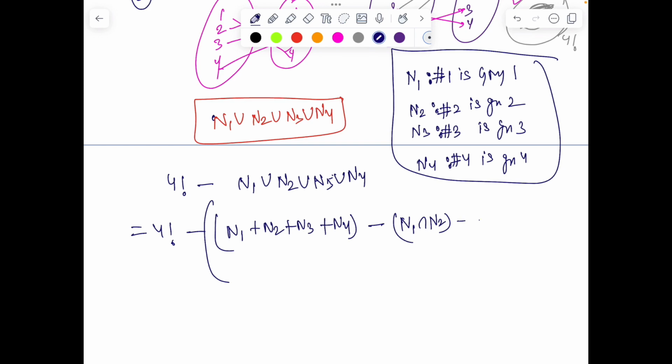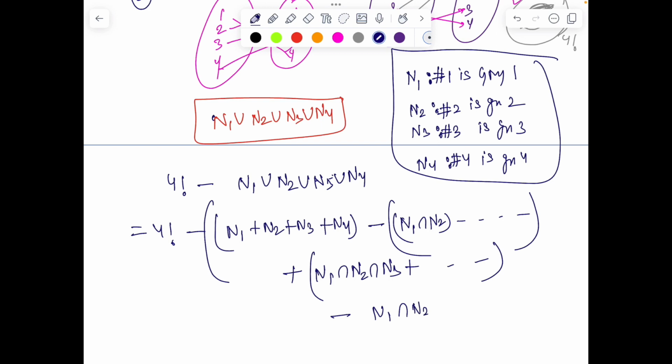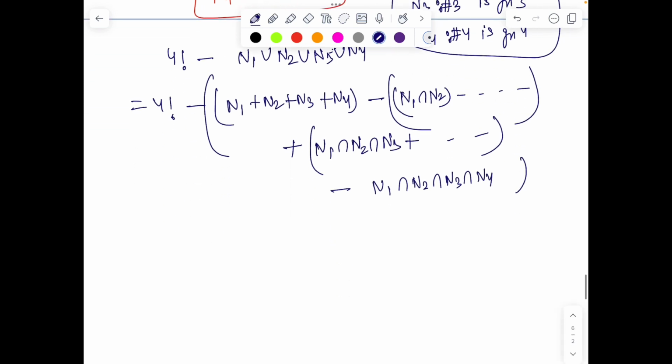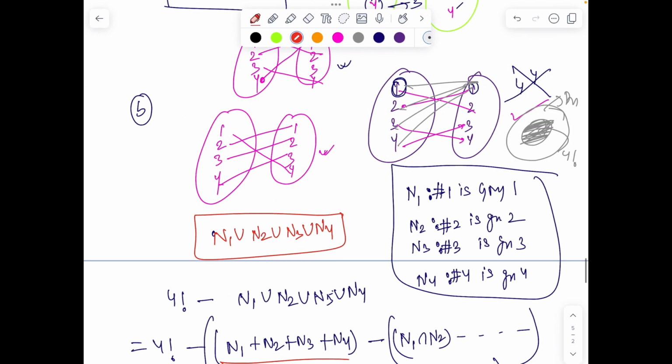So 4 factorial minus this, minus taking 2 at a time. Of course there will be 6 terms. Plus taking 3 at a time, and so on and so forth. Minus taking 4 at a time. And that's it. Now we'll just calculate these values.